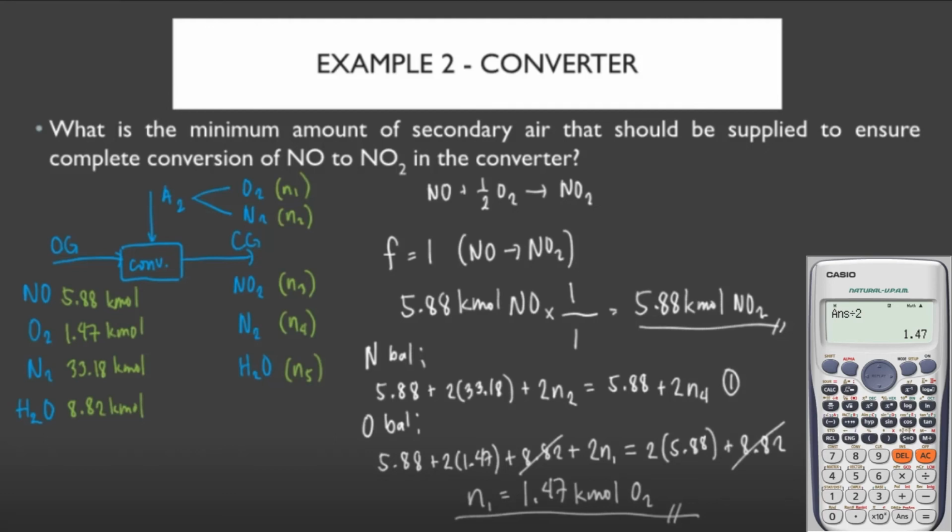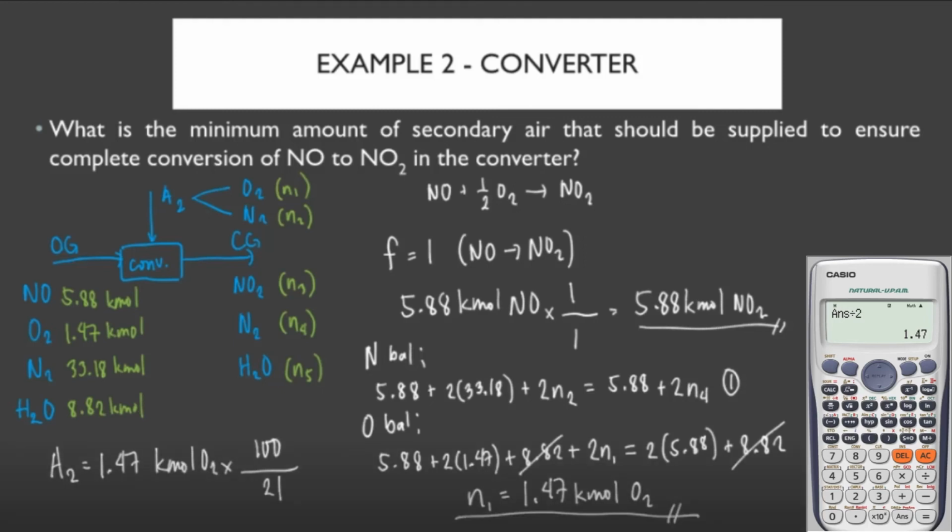To answer the question, we can simply state that we need 1.47 kilomoles of oxygen in our secondary air, or to be more exact, we can solve for the amount of secondary air needed. That is simply A2 is equal to 1.47 kilomoles oxygen, and we multiply this by the ratio 100 over 21.